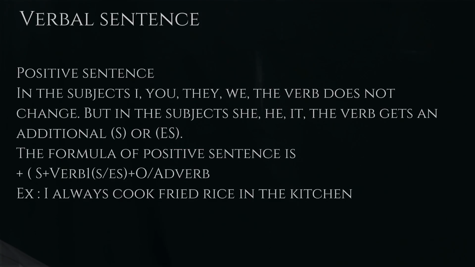But for the subjects she, he, it, the verb gets an additional s or es. The formula of a positive sentence is subject plus verb 1, s or es, plus object or adverb. For example, I always cook fried rice in the kitchen.